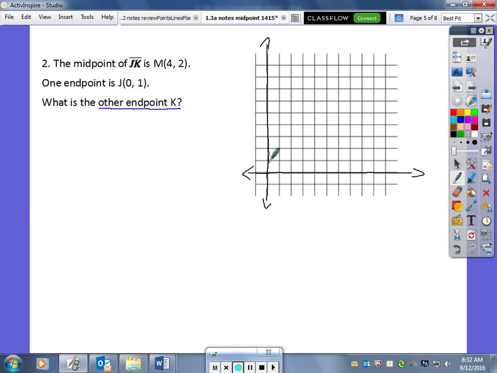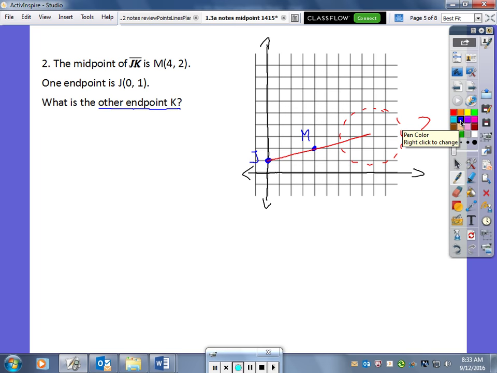The endpoint J is at 0, 1. And our midpoint is at 4, 2. This is our midpoint. In other words, we know that our segment goes like this, and then it'll go somewhere in this area. This is where we will find K, but we don't know exactly where.